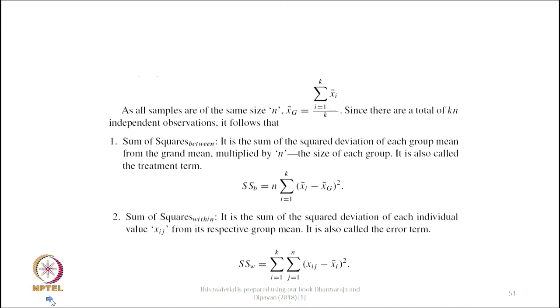The way I have written, you can understand what the sum of squares between and the sum of squares within are. The second is also called the error term, because you are computing x i j minus x bar i, the whole square. So, that is basically an error term.